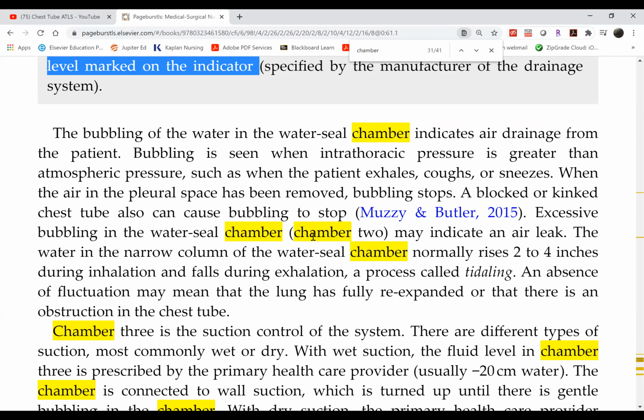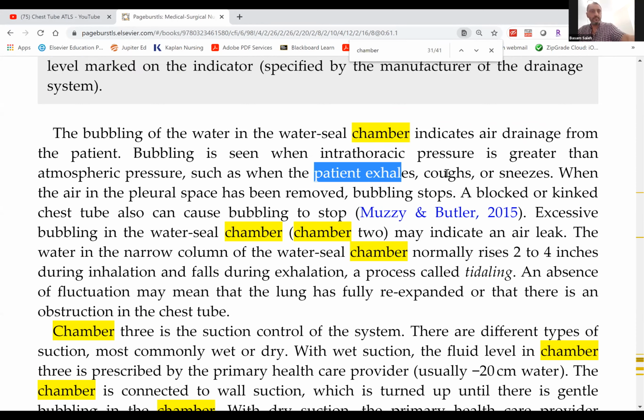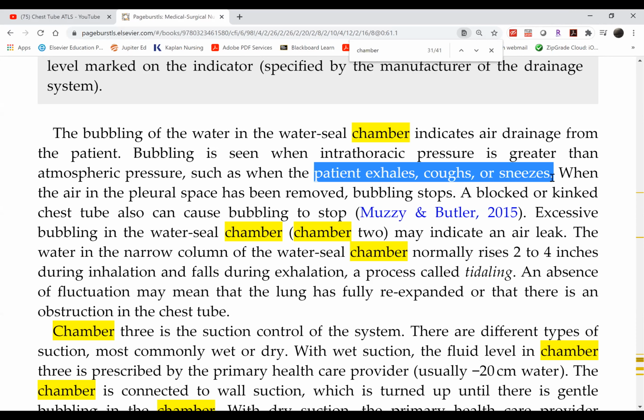So the normal bubbling is intermittent. Bubbling should only occur when a patient exhales, coughs, sneezes, or even yawns. Of course, the bubbling will occur at the end of the yawn.